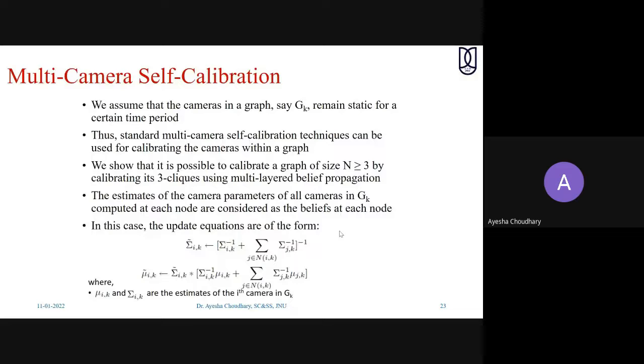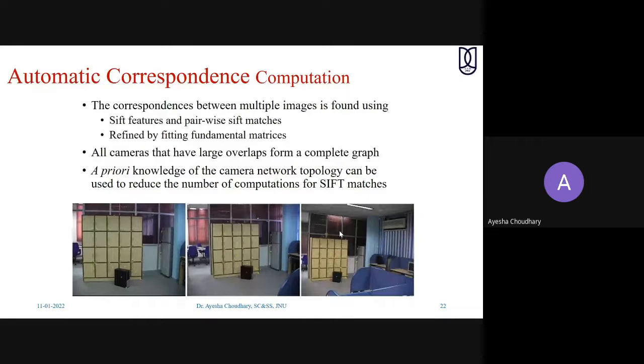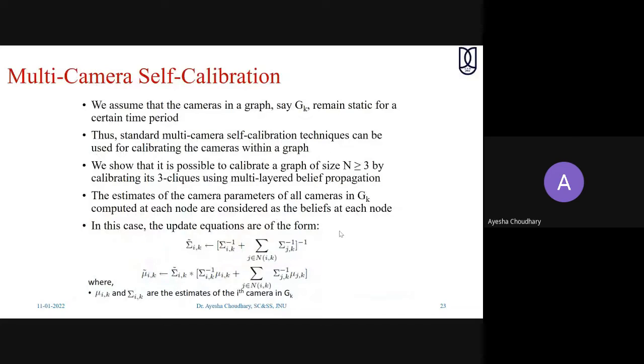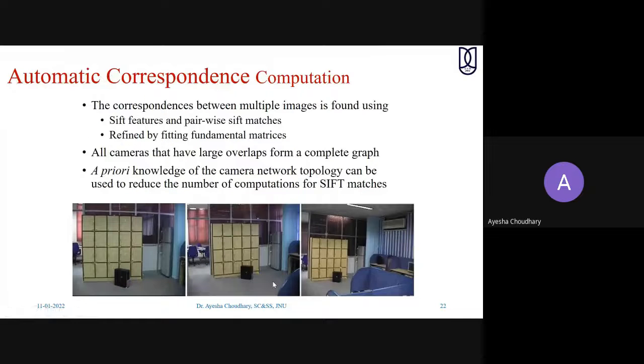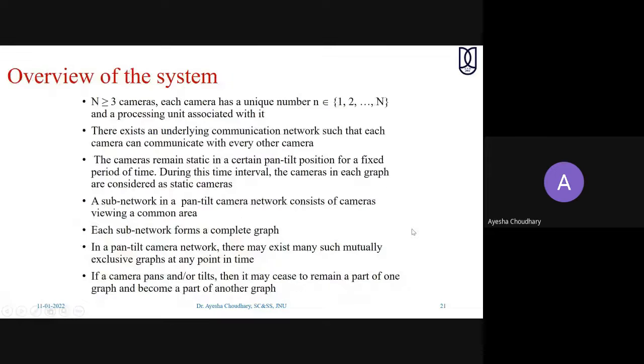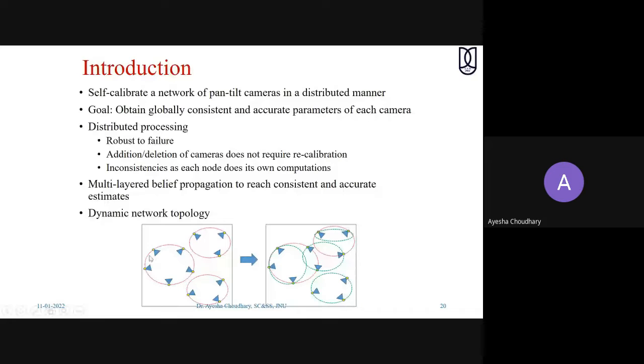Once we have the corresponding points, what we now want to do is calibrate each camera. You can use a standard multi-camera self-calibration technique for calibrating the cameras within a graph, because there are methods to do calibration of a camera network. But the problem over here is that the network is dynamic.